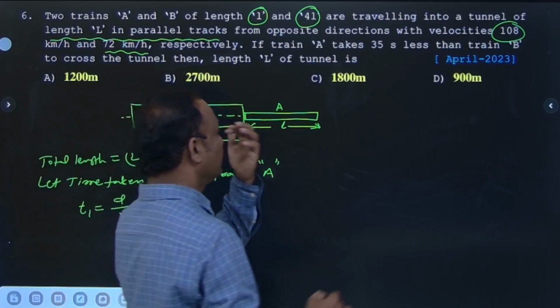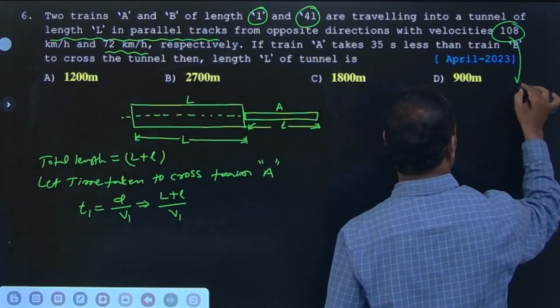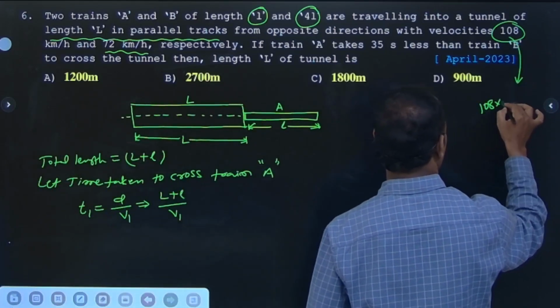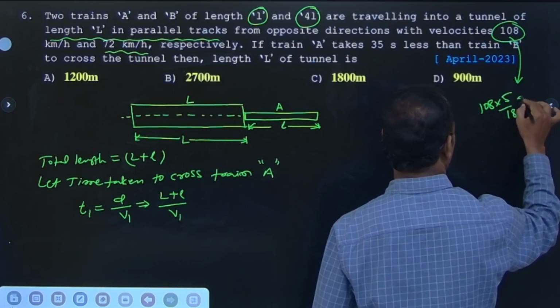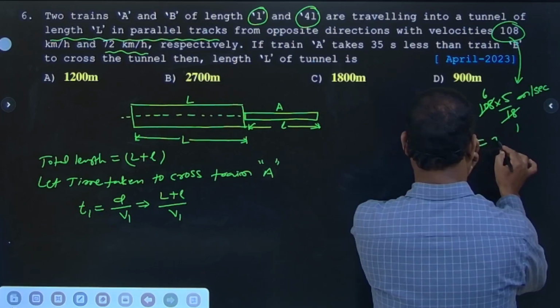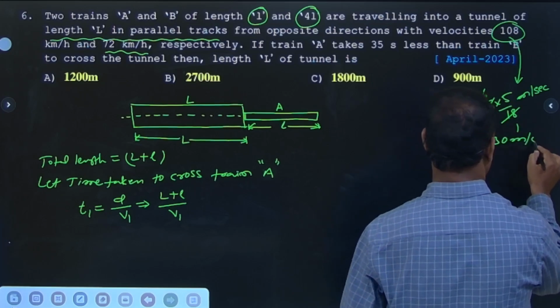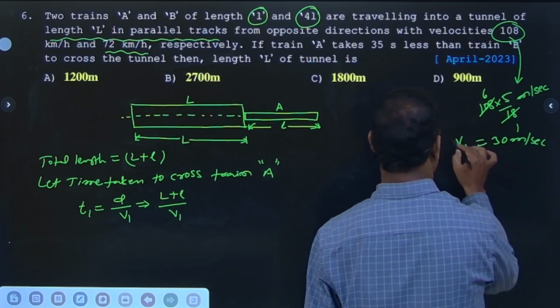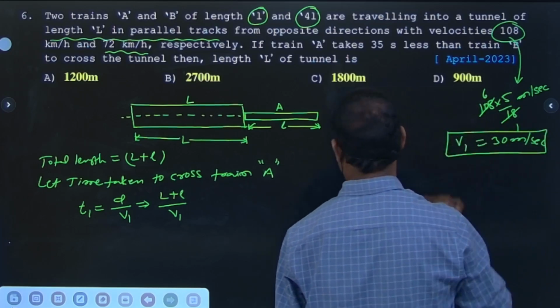V1 is 108 into 5 by 18 meter per second, because it is in kmph, which gives 30 meter per second. This is V1, the velocity of train A.